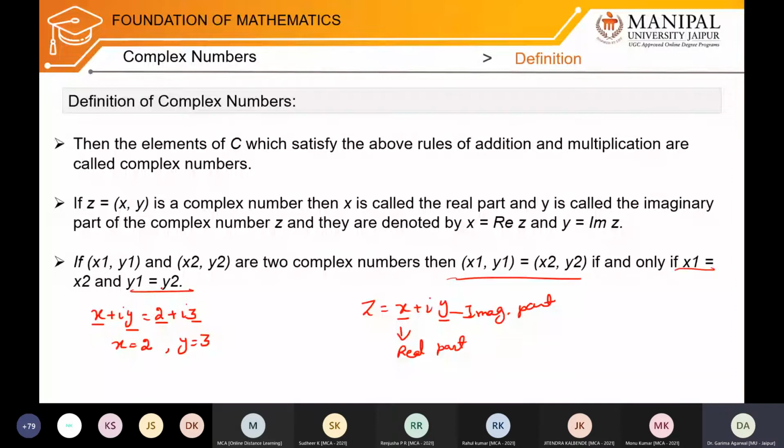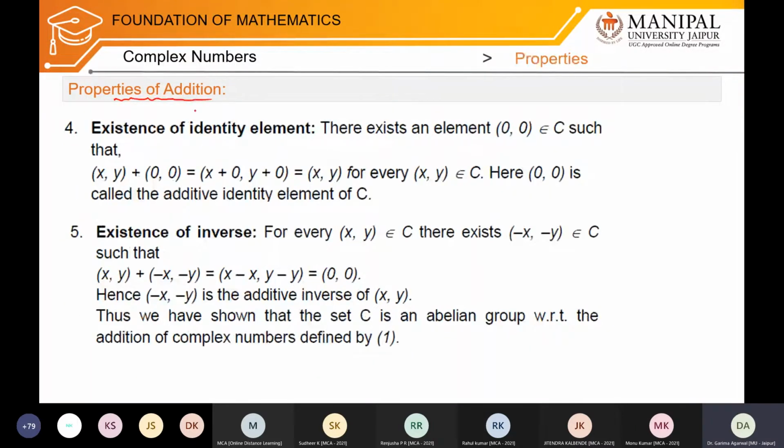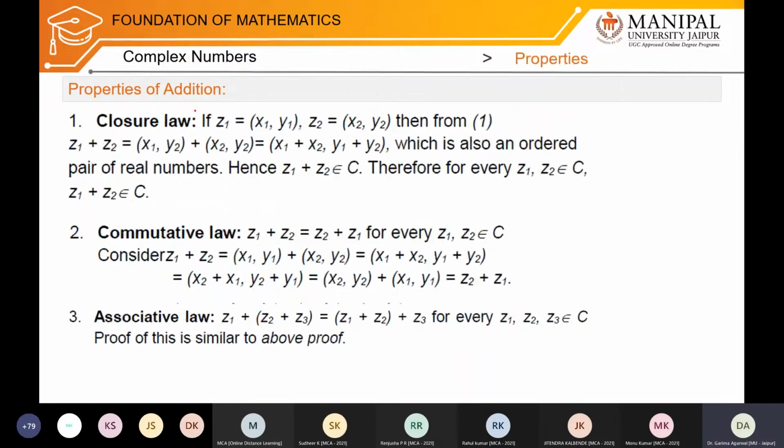Now, complex numbers satisfy a few properties for addition and for multiplication. So first of all, we'll discuss a few properties of addition. The first property is the closure property. So let's say we have two numbers z1 and z2. Let's say z1 is x1 plus iota y1, or we can write it as x1 comma y1.